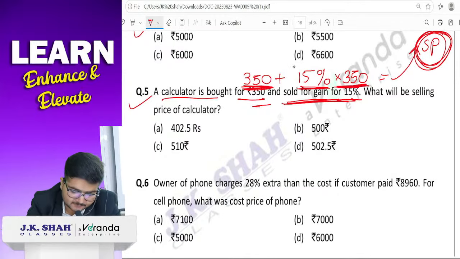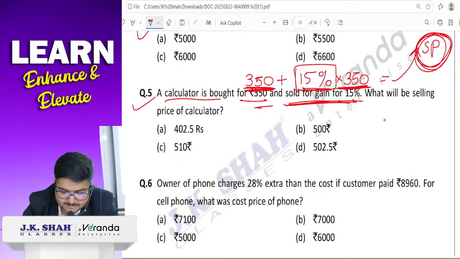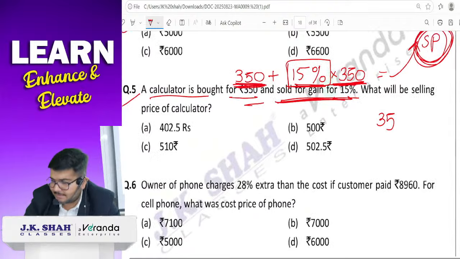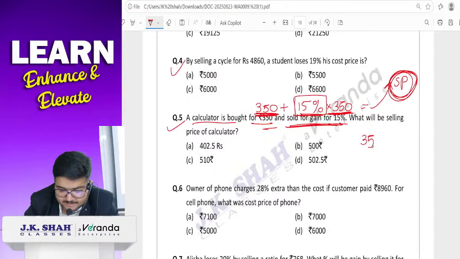How to find 15% of 350? That is the task. So how will you find it? Find 10%, 5% and add those. What is 10%? 35. How will you find 5%? Take 10% and then half it. 10% is 35, so 5% will be 17.5.